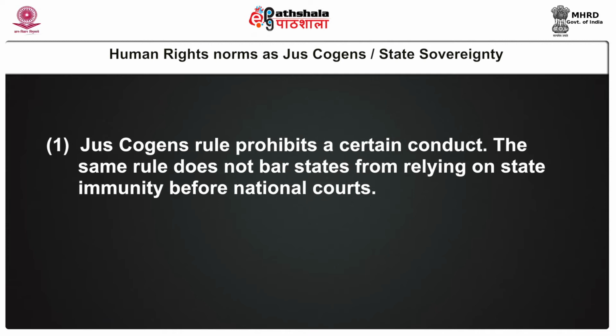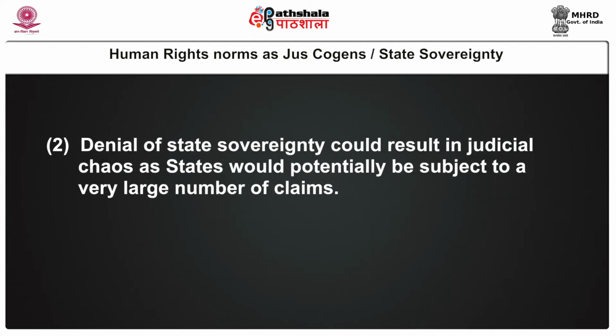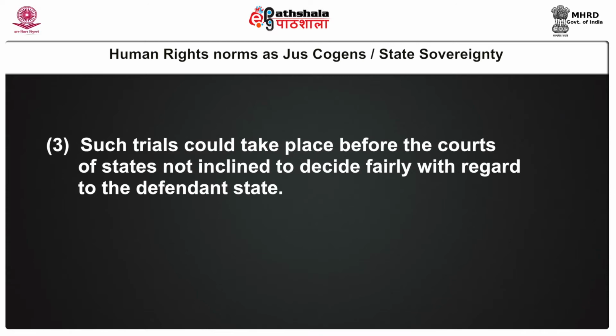The same rule does not bar states from relying on state immunity before national courts. Second, denial of state sovereignty could result in judicial chaos as states would potentially be subject to a very large number of claims. Third, such trials could take place before the courts of states not inclined to decide fairly with regard to the defendant state.